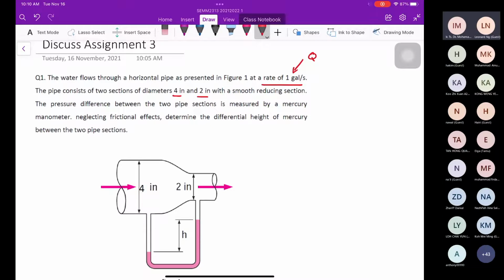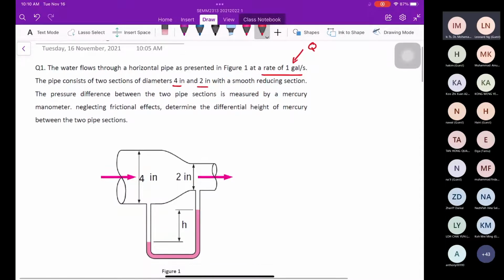This is the imperial unit, with a smooth reducing section. The pressure difference between the two pipe sections is measured by a mercury manometer, neglecting friction effect. Determine the differential height H of mercury between the two pipe sections.